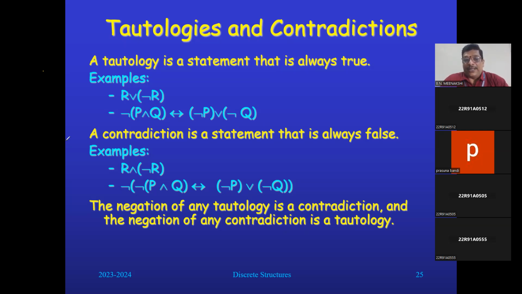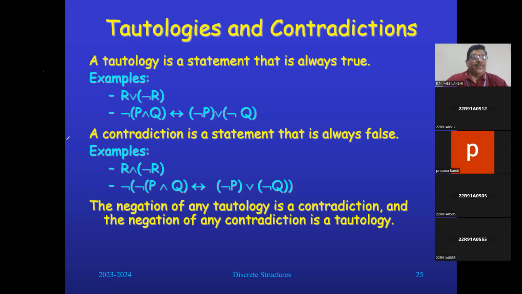So R disjunction negation of R is always true. R conjunction negation of R is always false here, because if R is true, negation of R is false. In the conjunction, only true and true is true; the remaining are all false. So R conjunction negation of R is false.